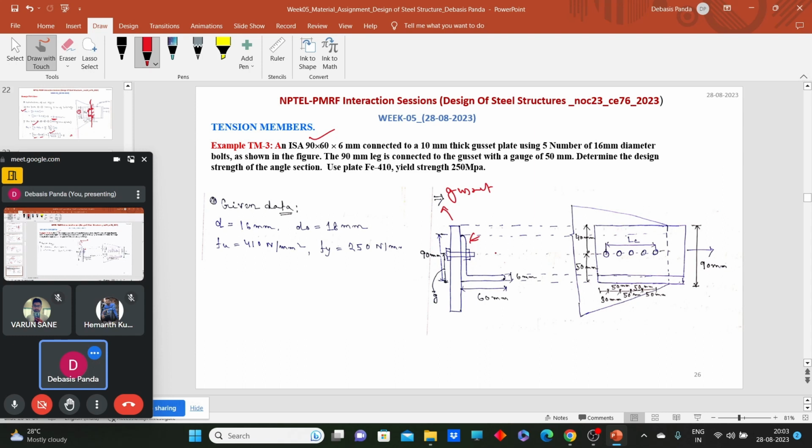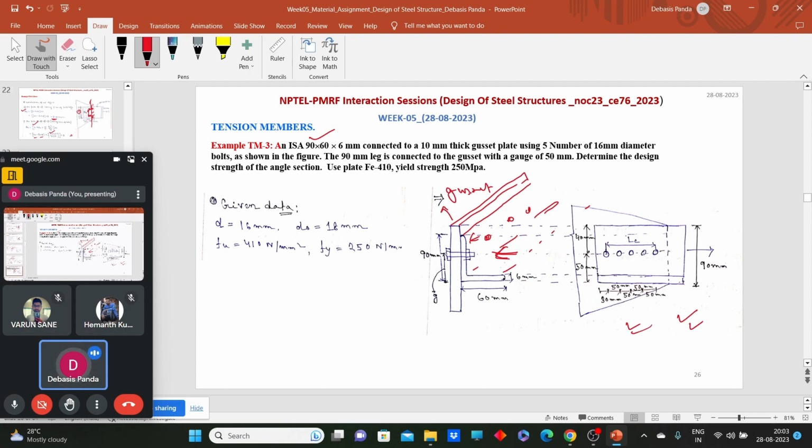If we see from this side, we can have this plan view, because this gusset continues along this direction and this angle is also there, and the bolts are made like this here. You can now visualize these things. So the angle is like this here.